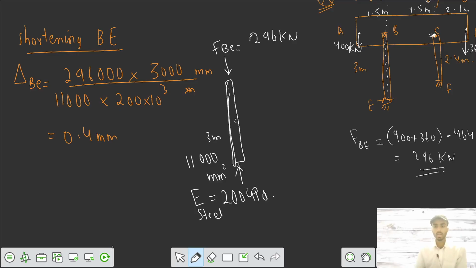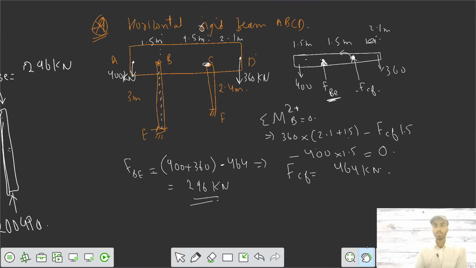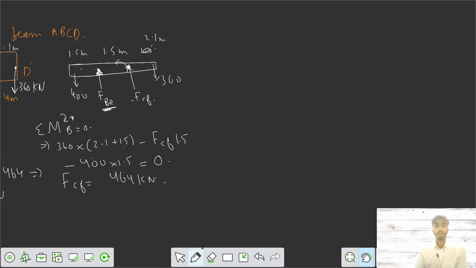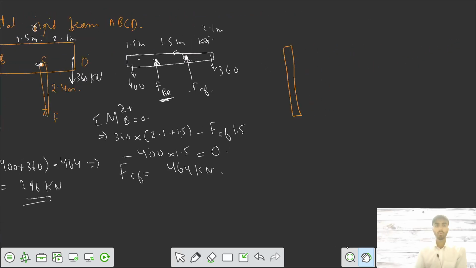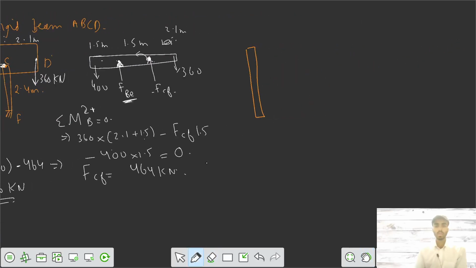And similarly, in the bar CF, the length of the bar was 2.4 meter, so 2400 mm.